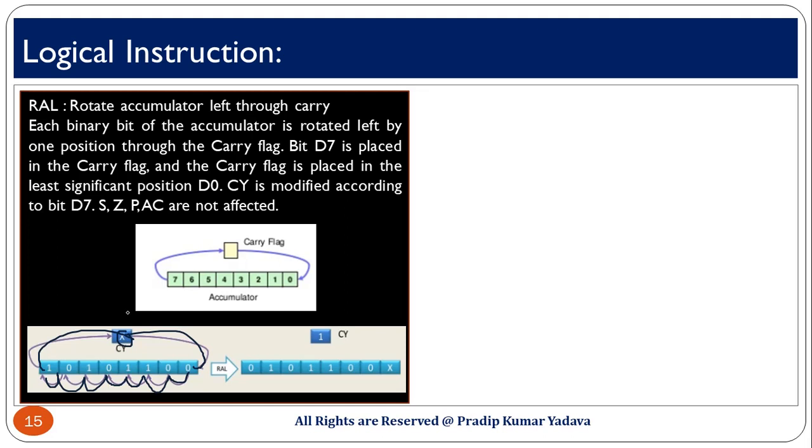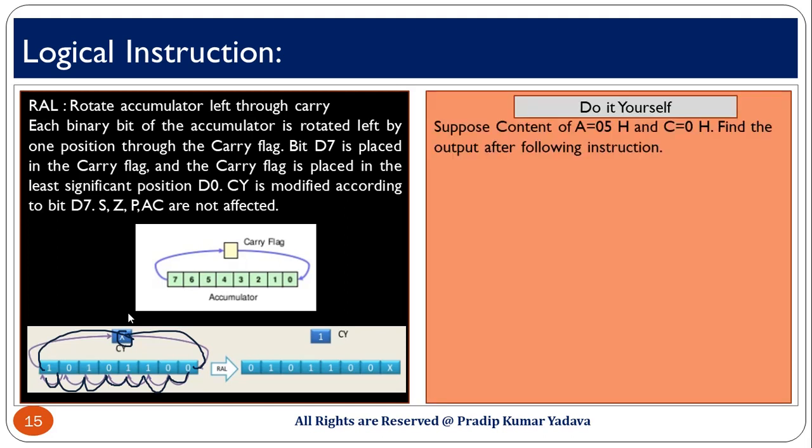Okay. So, here you can see the example. Suppose the content of A is 05 and the carry is 0, and you have to perform RAL. So, let me explain it again.